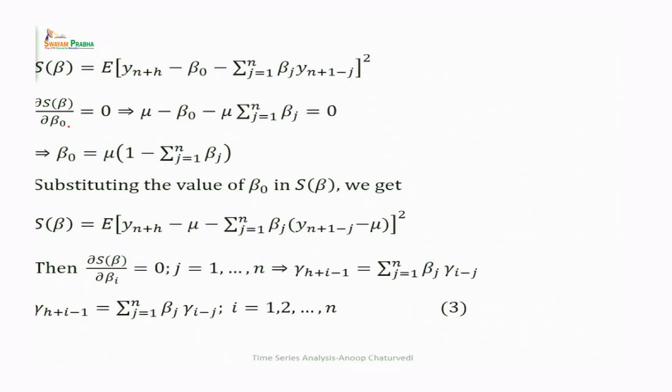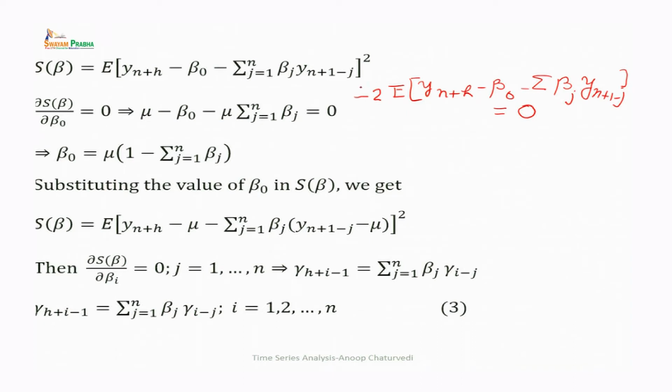If we differentiate S b with respect to beta naught, then you get 2 times expectation of y n plus h minus beta naught minus summation beta j y n plus 1 minus j, and then you have a minus sign here, and you substitute it equal to 0.